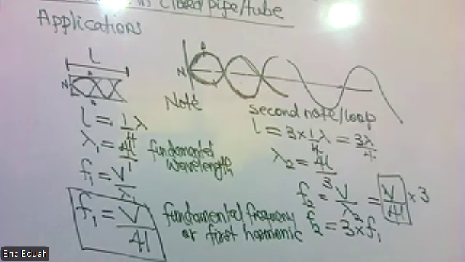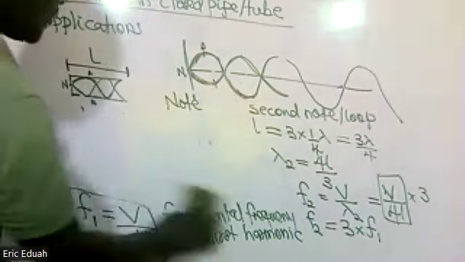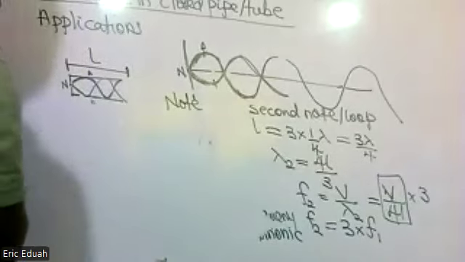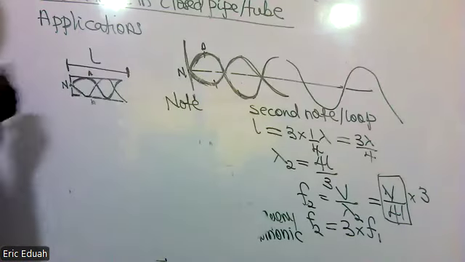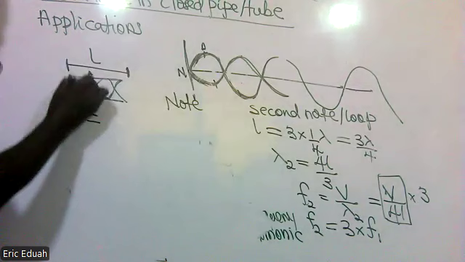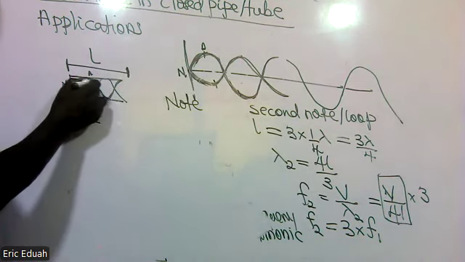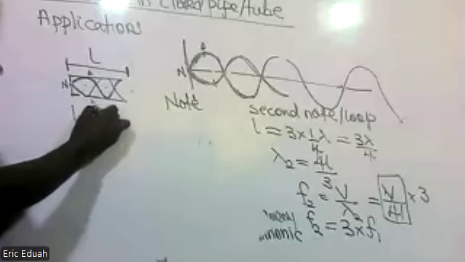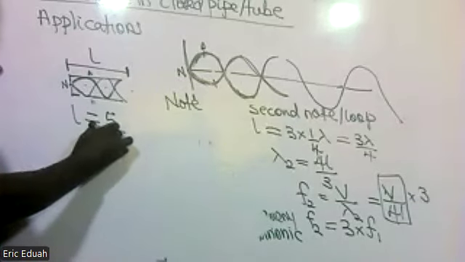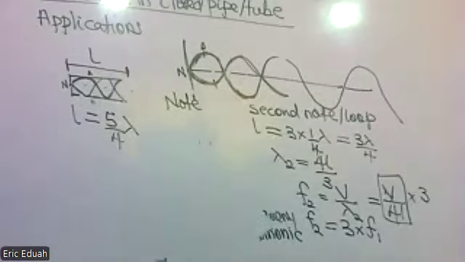So what will be the wavelength of this note? 5/4 lambda. Okay, so 1, 2, 3, 4, 5. 5 on 4 lambda. Yes.